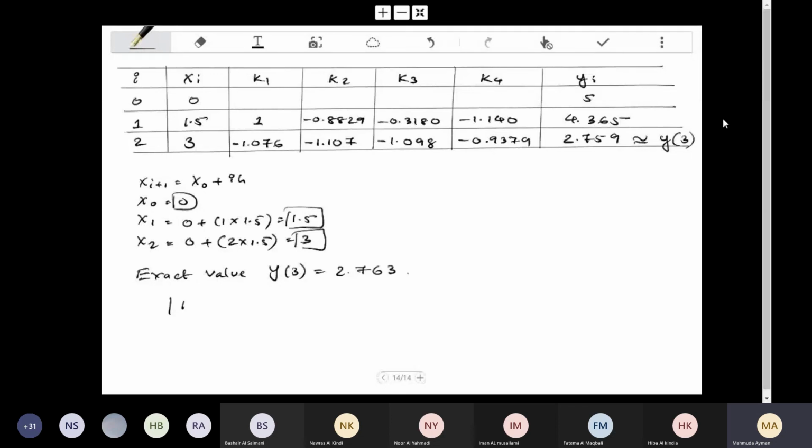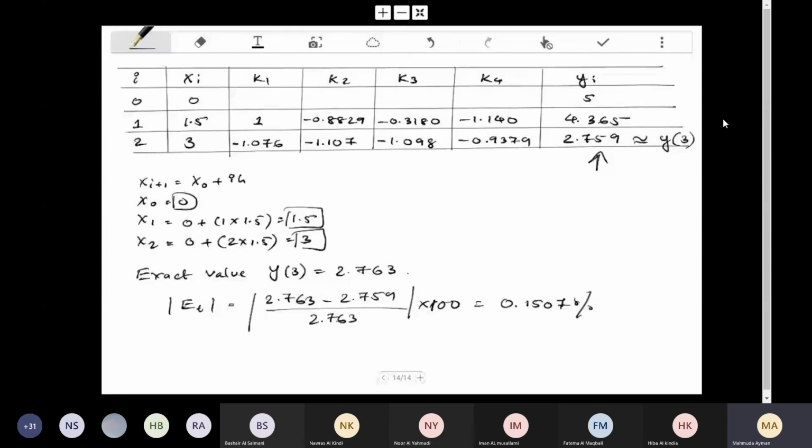So the absolute relative true error is the true value, the exact value 2.763 minus the approximated value here, which is 2.759, divided by 2.763 times 100, and that gives us an error percentage of 0.1507%.